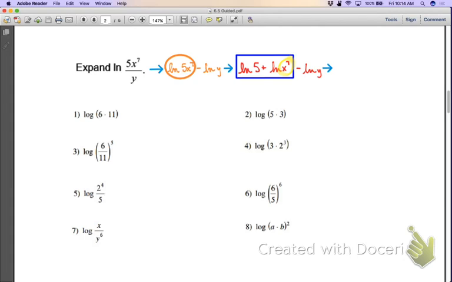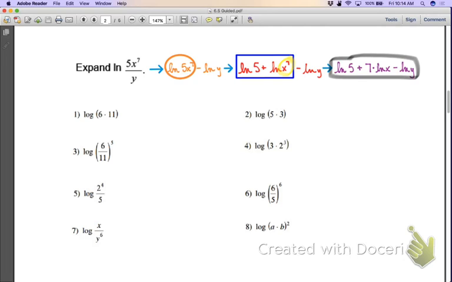Out in front of what? Is it going out in front of everything or just that certain part? Just that part. So it's going to be the natural log of 5 plus 7 times the natural log of x minus the natural log of y. This is my final answer.